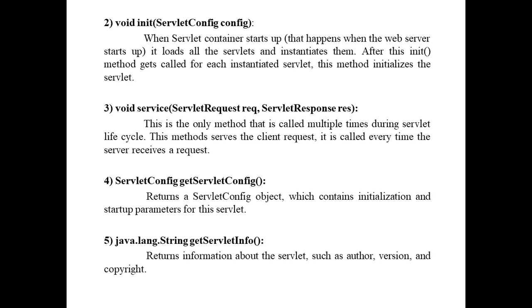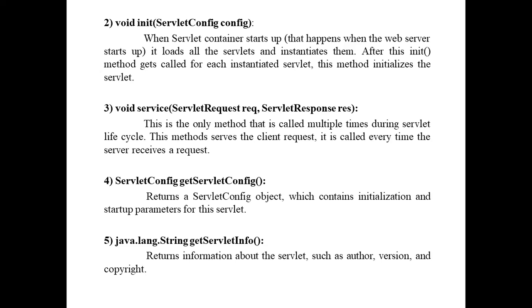Second method is void init(ServletConfig). This method is called for initializing the servlet, and the initialization parameter is obtained from the ServletConfig interface. When the servlet container starts up, that happens when the web server starts up, the web container automatically loads all the servlets and initiates them.